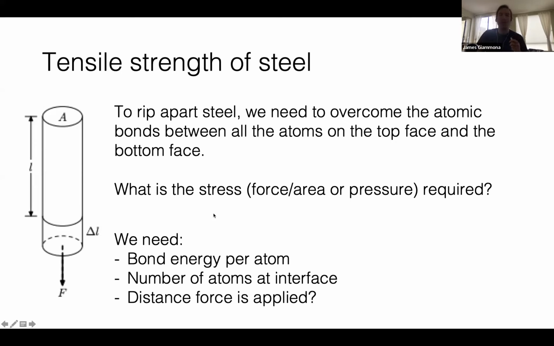And so what we really care about is what stress on the steel is going to cause it to break. That's the right question for any size thing of steel. It's that force needed divided by the area, or in essence, the pressure that you're applying on the steel or in some plane of the steel. So how much pressure, force per area, do we need to apply on the steel to cause it to rip or break?